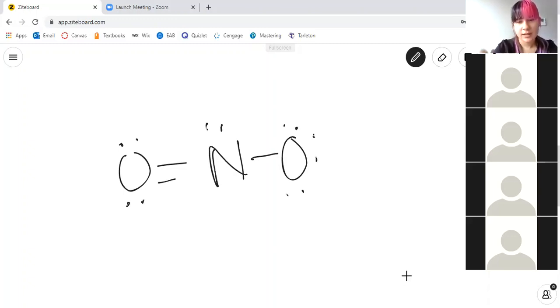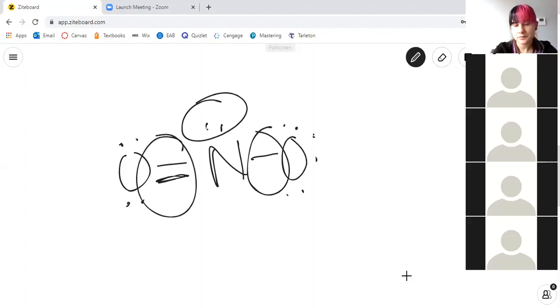A lot of people are really tempted to go based on number of bonds and say there were 1, 2, 3 bonds and 1 lone electron pair, so there are 4 regions of electron density, but that is not right. Double and triple bonds are going to count as a single bond would. It's still going to count as 1 region. So here we have 1 region, 2 regions, 3 regions.